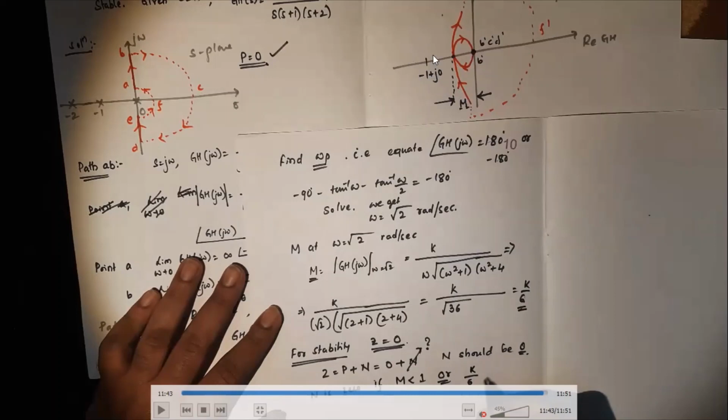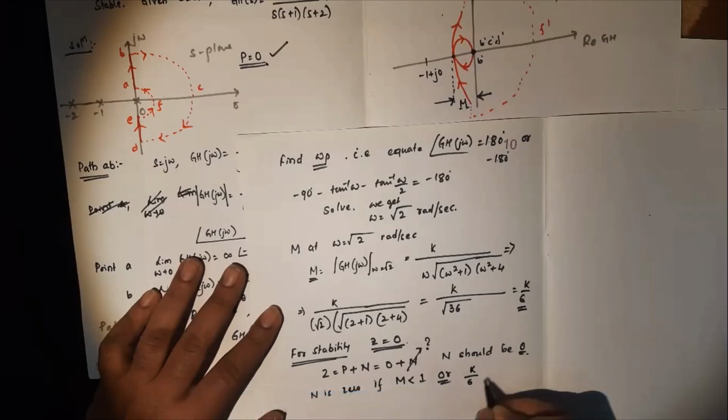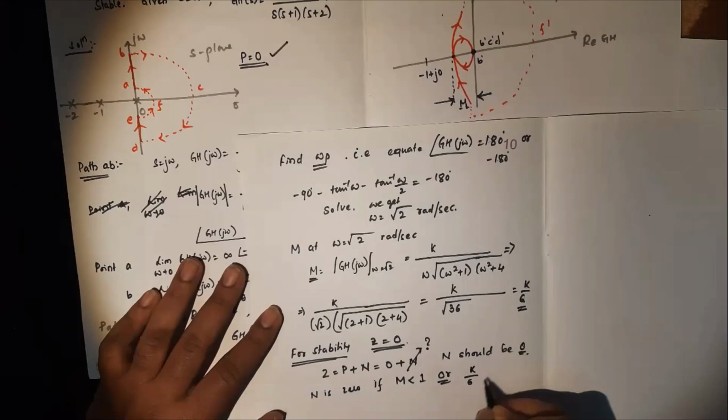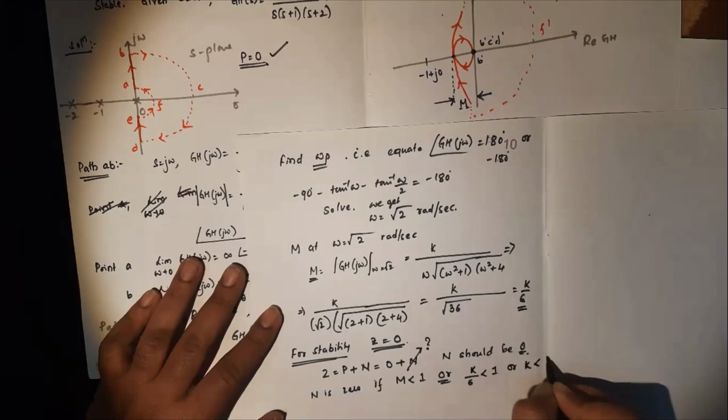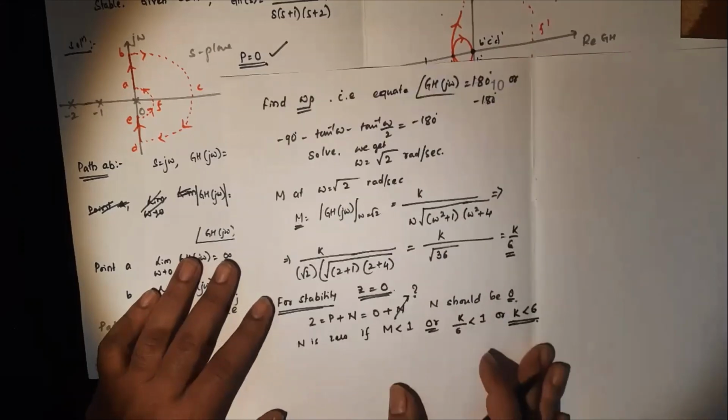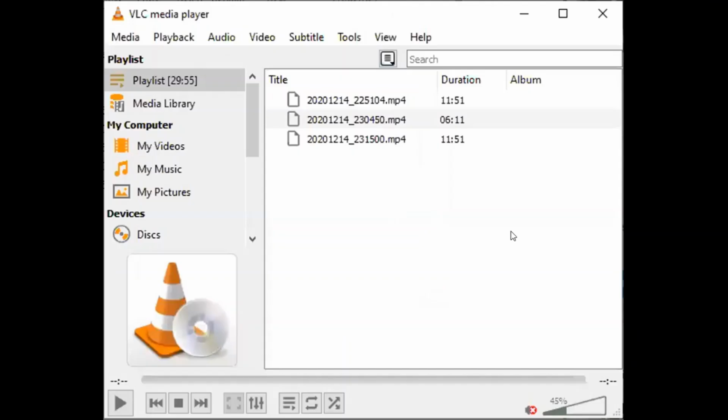Right? If M is greater than 1, then there will be encirclement. This point will move somewhere beyond minus 1. But if M is less than 1, it will stay within this region, hence there will be no encirclement, therefore N will be equal to 0. So therefore I will put the condition that M should be less than 1, and accordingly k by 6 should be less than 1, or k should be less than 6.